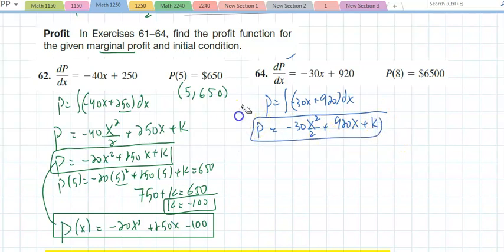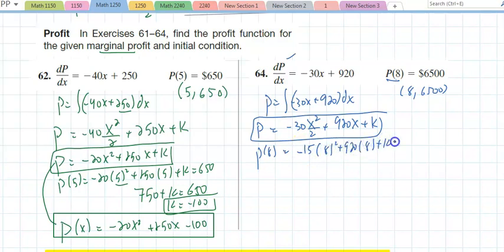And again, when you sell 8 units, you will get 6,500. By the way, I forgot to clean that up. That's negative 15 times 8 squared plus 920 times 8 plus k, and that should equal 6,500.